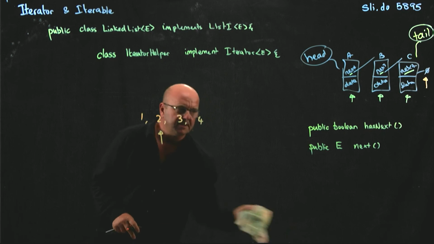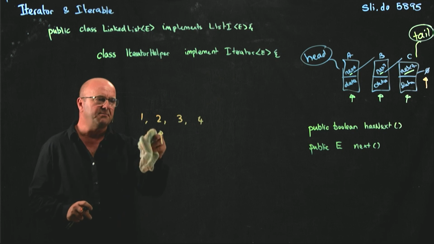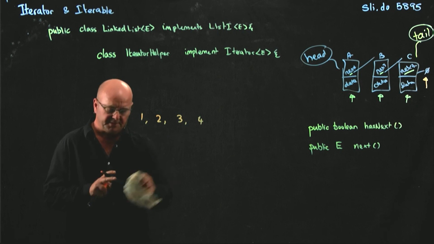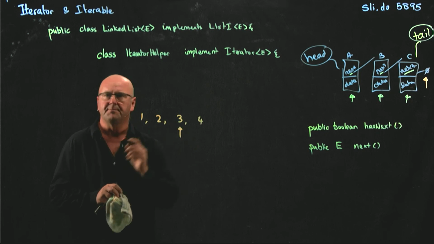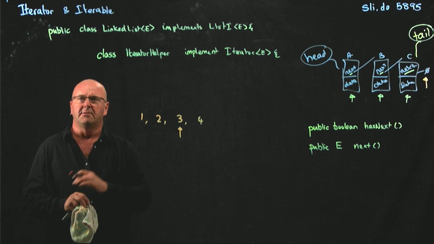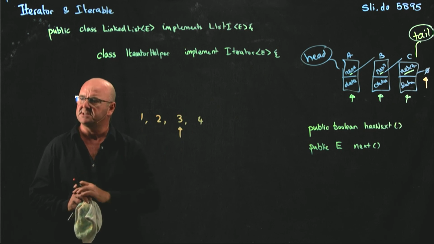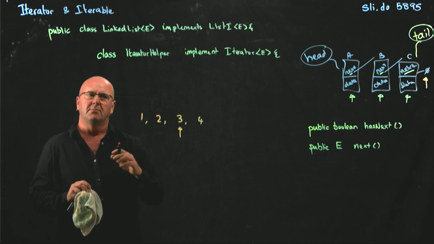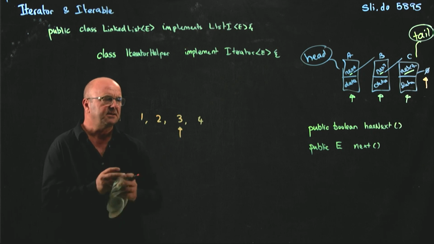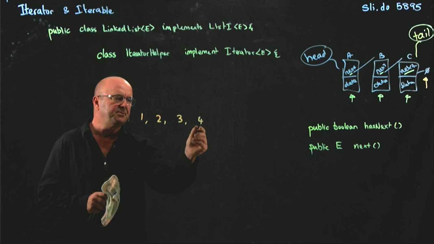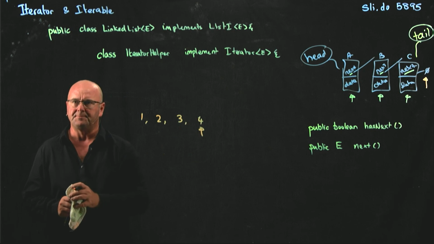So when I get called next, I remember that I need to return number 2 and I move the pointer forward to number 3. When I'm at number 3, hasNext returns true because I've got a 3 to return. When I am asked for next, then I remember the number 3 that I'm going to return. I move my pointer forward to number 4.